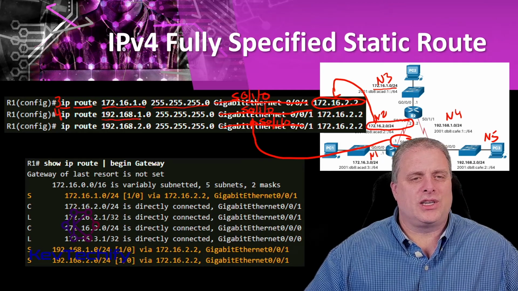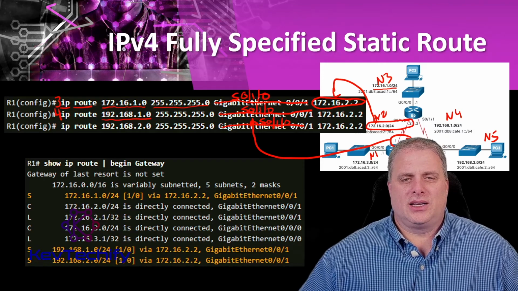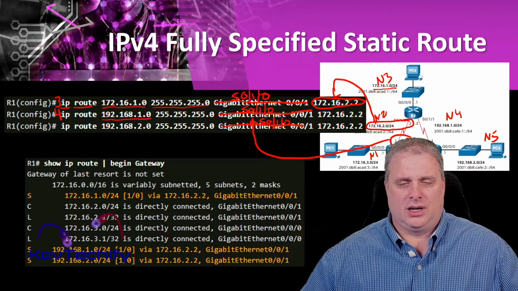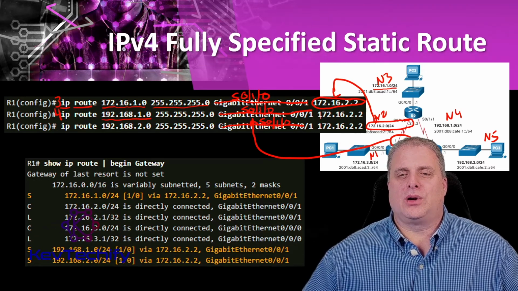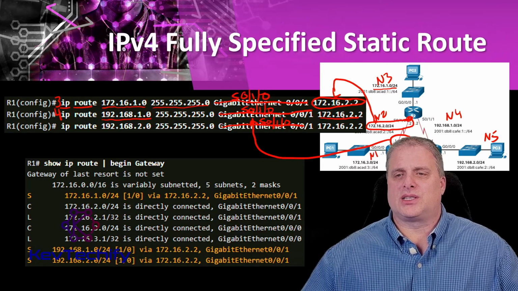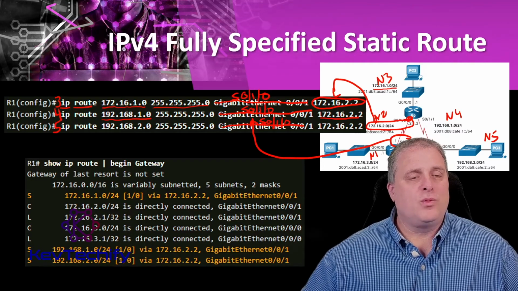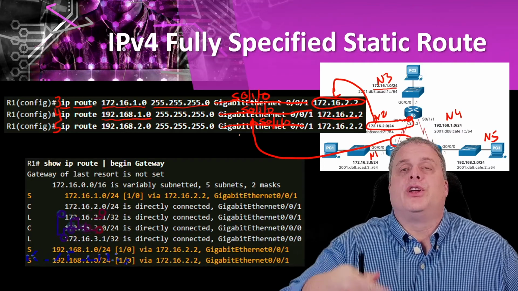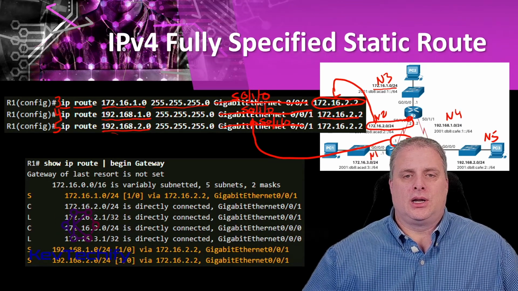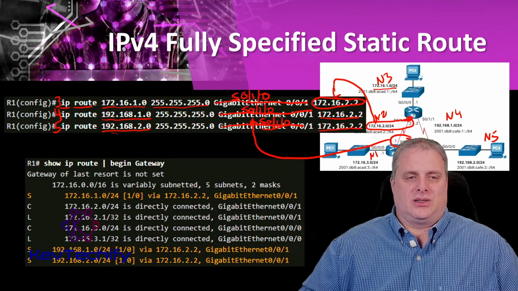Put our network address in here, 192.168.1.0, subnet mask, then the exit interface, which is serial 0/1/0, and then that goes to our next hop IP address up here on R2, 172.16.2.2. And to get to network 5, once again, it won't get it to its final destination, but it's going to get it one step closer. Put in our network address, our exit interface, and our next hop IP address.